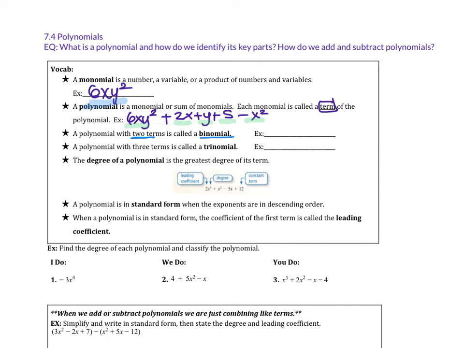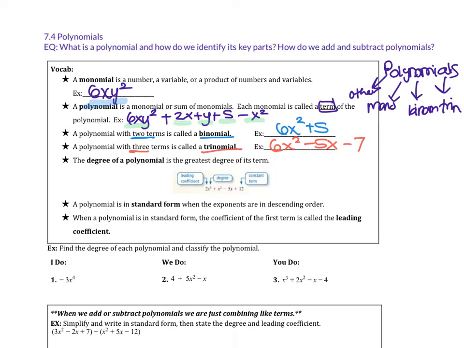So if I had, let's say, 6x squared plus 5, that plus sign is separating two terms, which is what makes this a binomial. A polynomial with three terms is a trinomial. Tri meaning 3. So this could be something like 6x squared minus 5x minus 7. 3 terms, each being separated by the two negative signs.